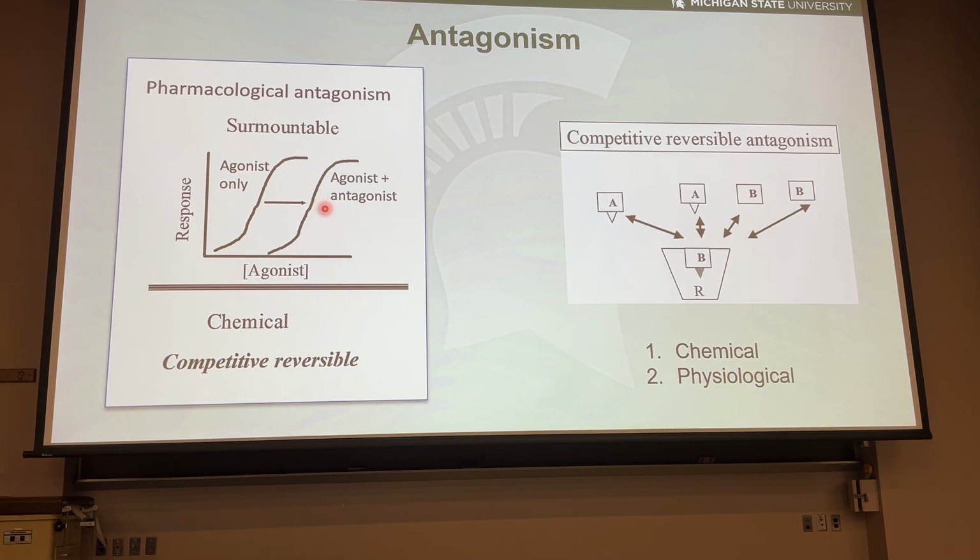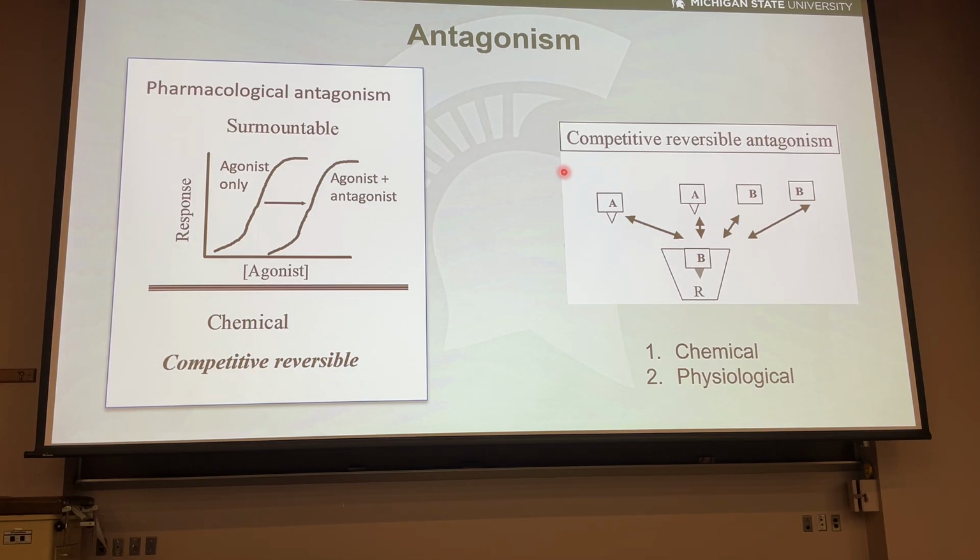So as you can see, this agonist is still able to reach maximal efficacy, still has the same slope of the curve, it just takes more of the drug to have the same response when you have antagonist on board, okay? So, that tells us a couple things. That this is surmountable, because you can still get to a maximal response, you just need more agonists, but this is also competitive and reversible.